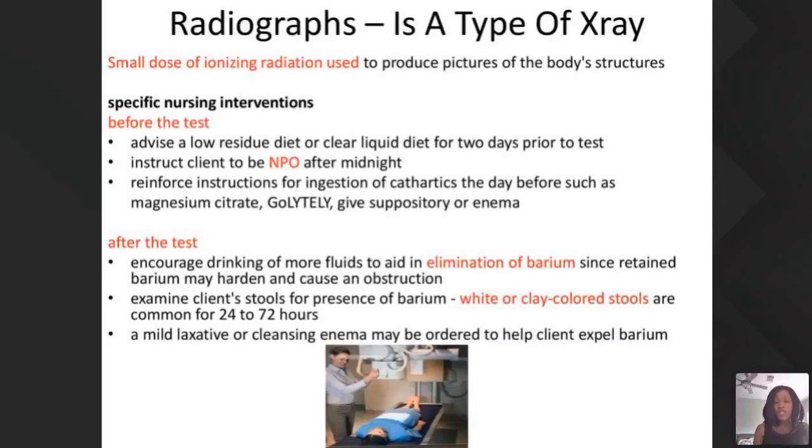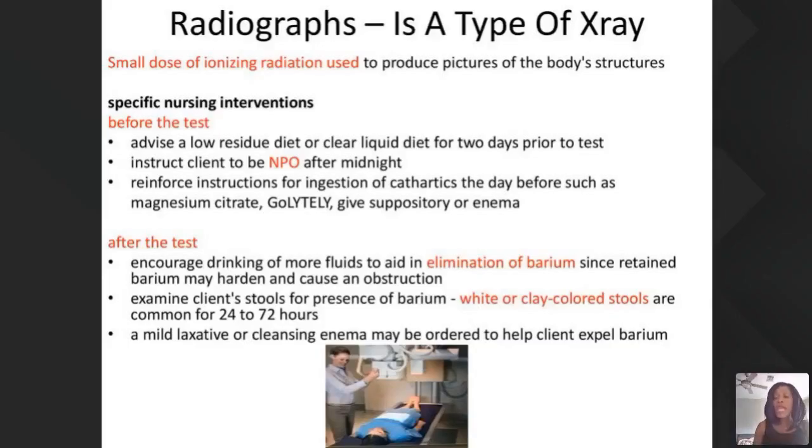All right, after the procedure, whenever we use a barium with any type of procedure, pay attention. If the physician orders a barium enema for this client, priority with the use of a barium is to pass the barium, okay? So I need to assess this client post a procedure that uses a barium enema and see that they had a white clay-colored stool.